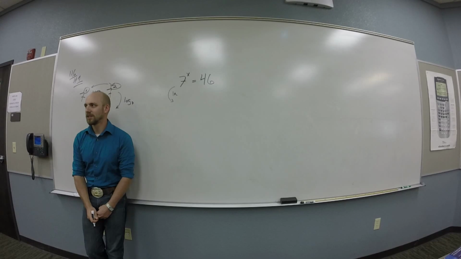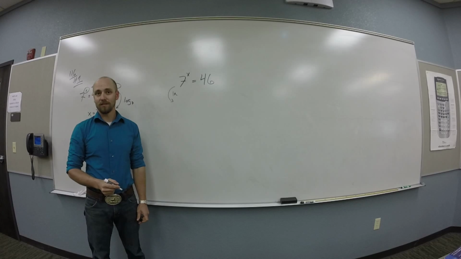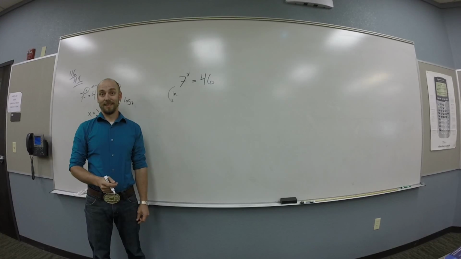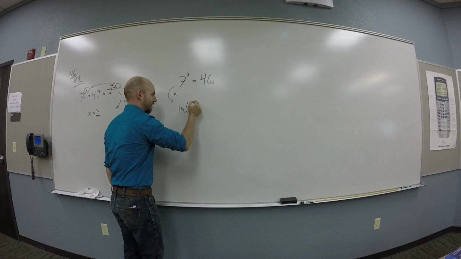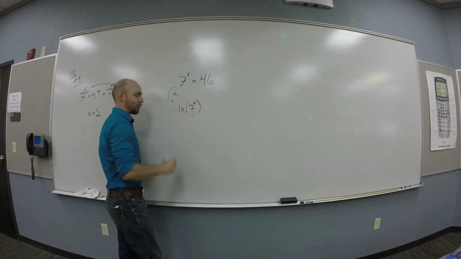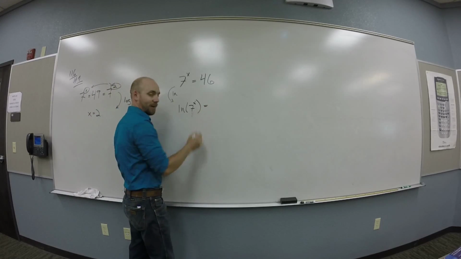You guys see that? This is going to give me what on the left? How about this? I get the natural log of whatever 7x is, right? And then on the other side, what am I going to get?